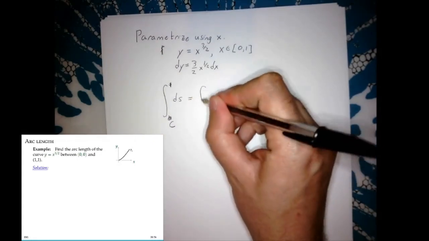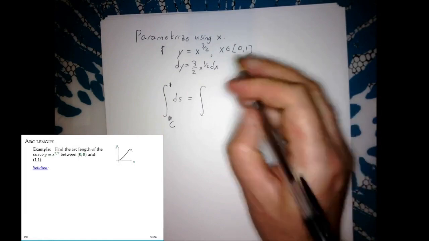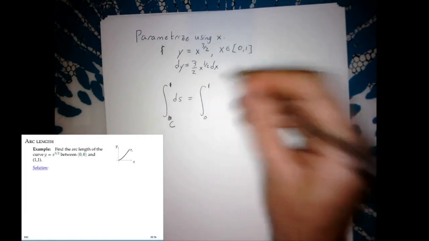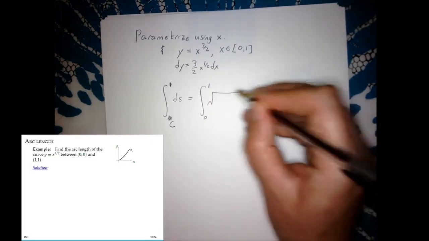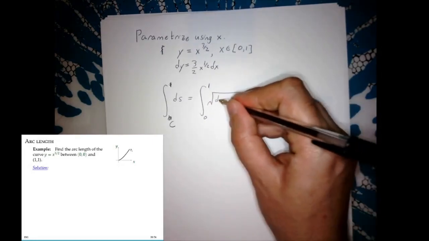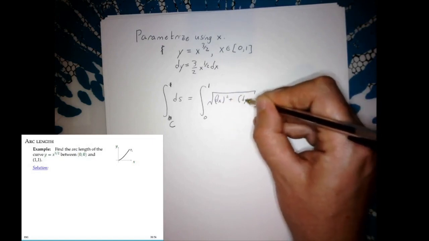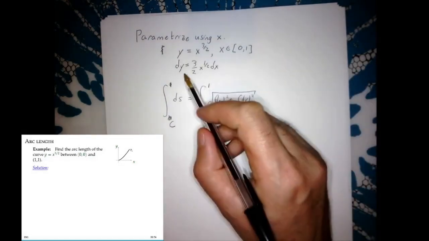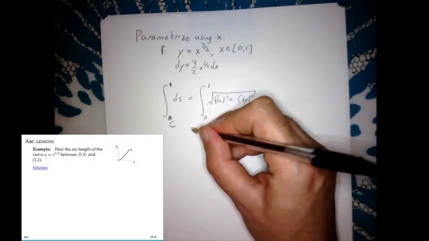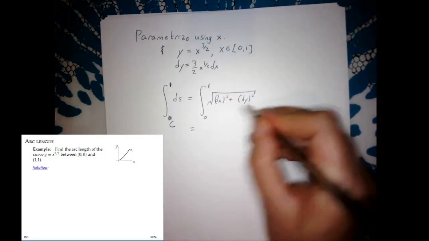When we convert this to a single integral, x goes from 0 to 1 in this parameterization, and then ds is the square root of dx squared plus dy squared. Then dy is 3/2 x to the 1/2, so we put that in for dy here.